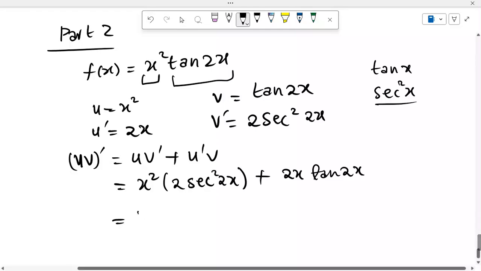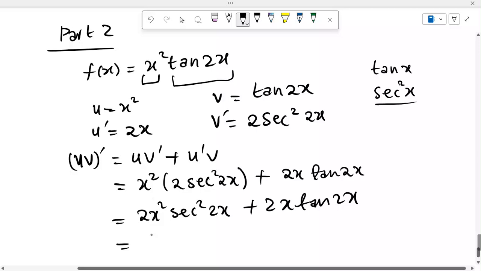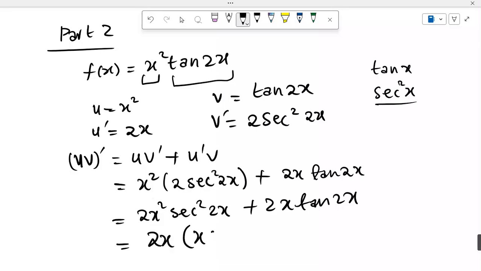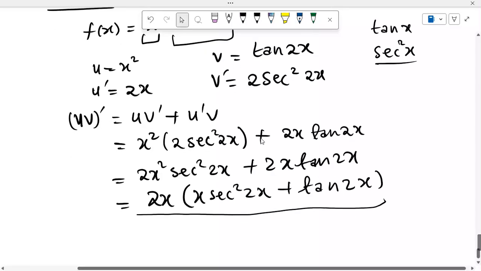So this is 2x squared sec squared 2x plus 2x tan 2x. Here we take out the 2x, which is common, so that the answer becomes more compact. That's what is desirable, it has to look smaller. So this is your answer for part 2.